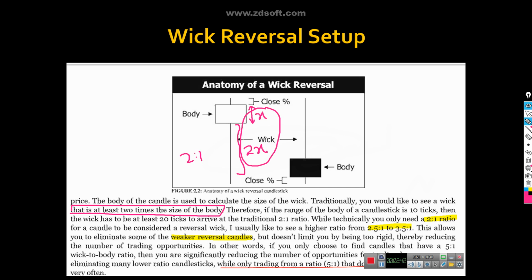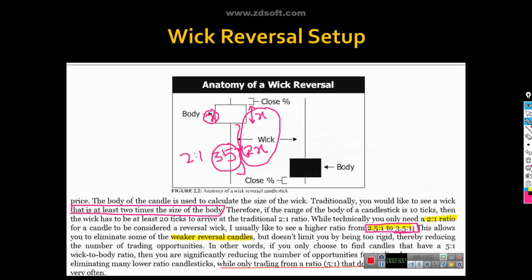Franklin Ochoa has said that if you consider a higher ratio like 2.5 or 3.5, meaning the wick has to be at least 3.5x and the body x, and you maintain this kind of ratio to identify wick reversals, it will be a high probability setup.